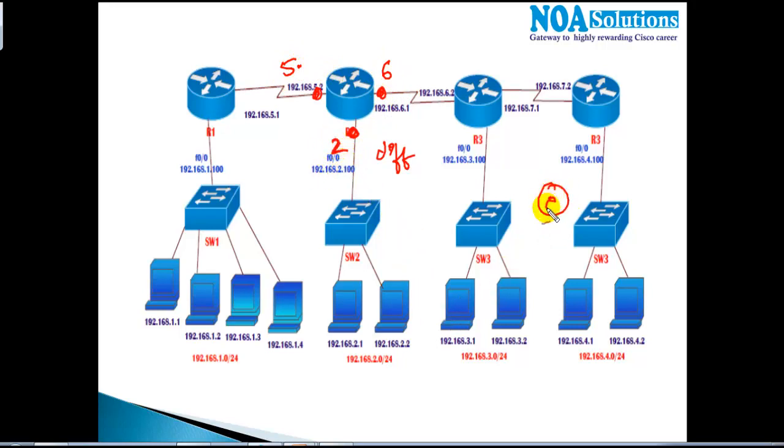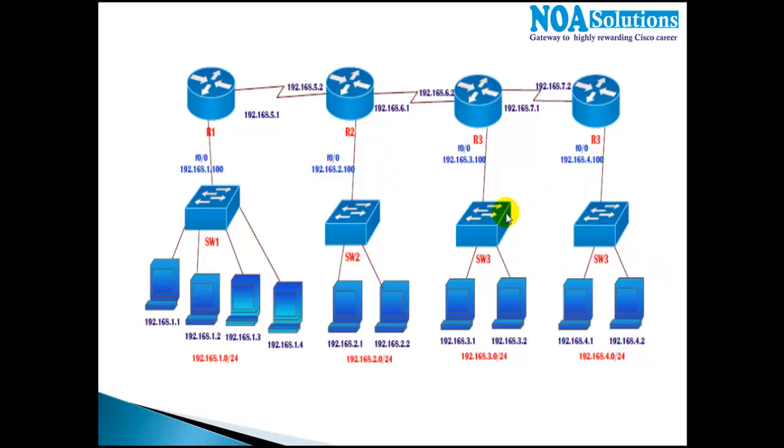So if I try to assign the same network to 2 different interfaces, you will get some message like a network conflict, because you cannot use the same network. Probably you might be using 192.168.1.100 here and 192.168.1.200 here. Even though you're using different IPs, they belong to the same network, and it will create a problem in this scenario.